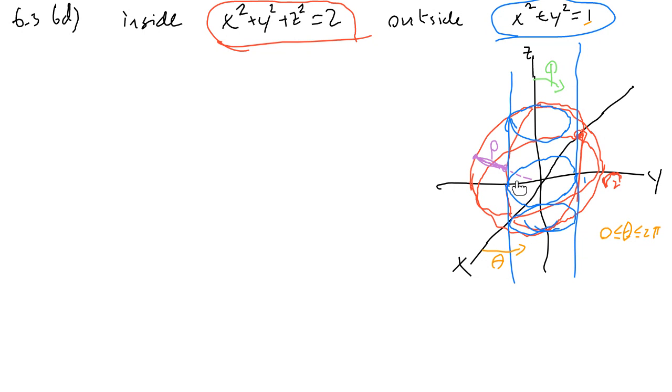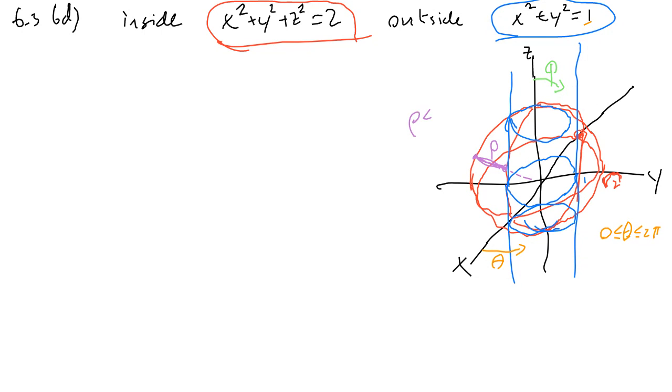There were some suggestions in the chat, but this is a very important thing that we should see: it depends on how much I go up. If I go up a lot, then the lower bound for rho is going to be higher than 1, because the radius is going to be bigger than 1. And the upper bound will always be the same, because I'm also always inside the sphere.